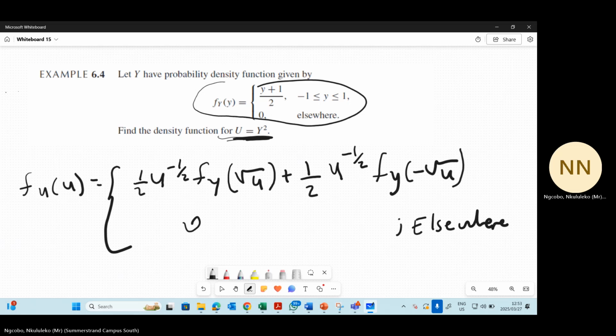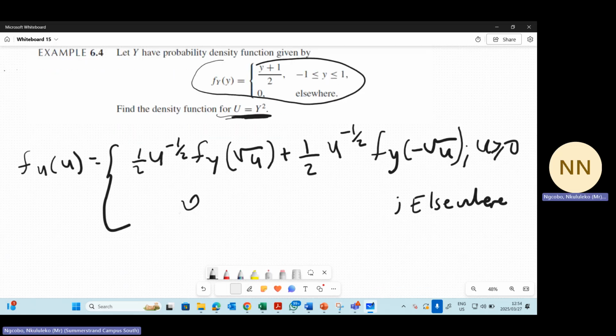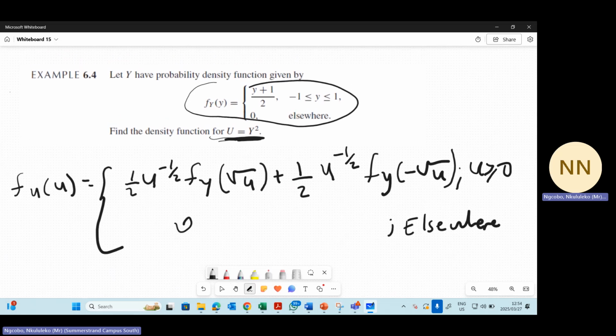So u is greater or equals to 0. So what does this mean? This should stay the same. Where you see y, you should put square root u. Plus this stays the same. Where you see y, please put minus the square root of u. That will be your density function, right? U should always be greater than 0, but less than or equals to 1, given the interval that everything here should be less than or equals to 1.